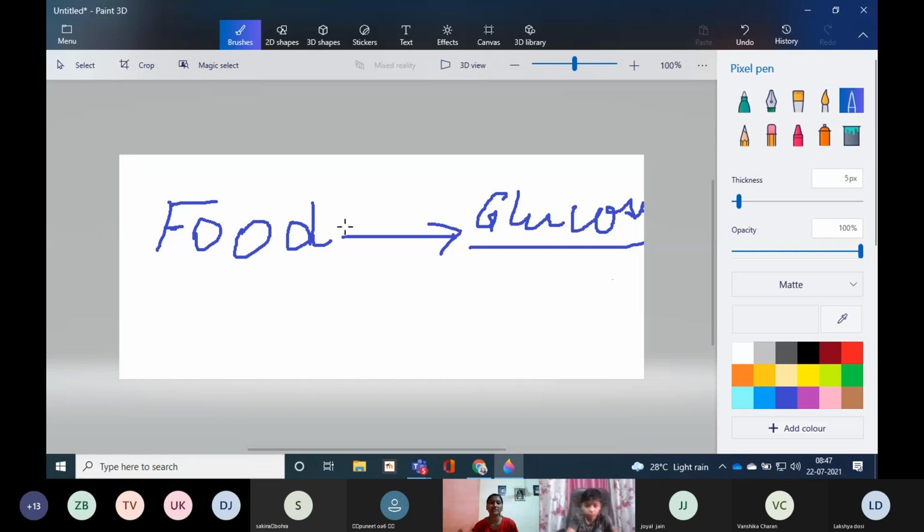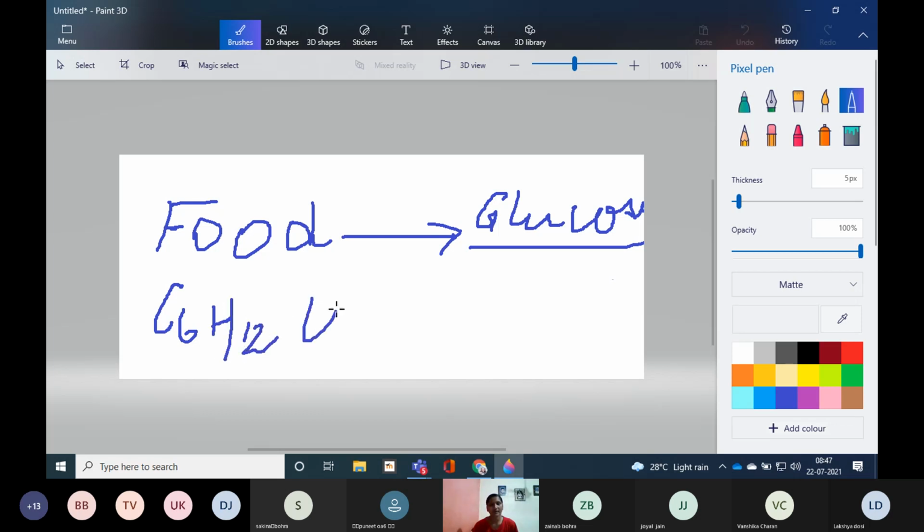This glucose molecule, C6H12O6, is converted into starch. What is starch? The simpler form of glucose. S stands for starch. So this glucose molecule converts into starch. That means starch is a simple molecule of glucose.